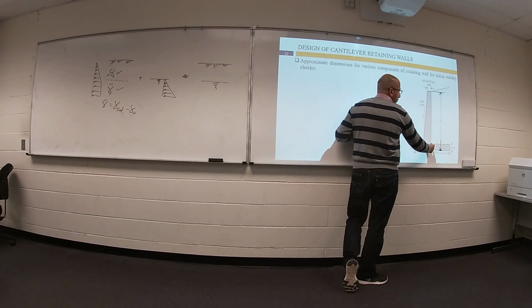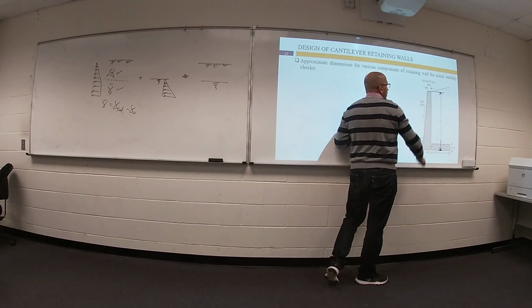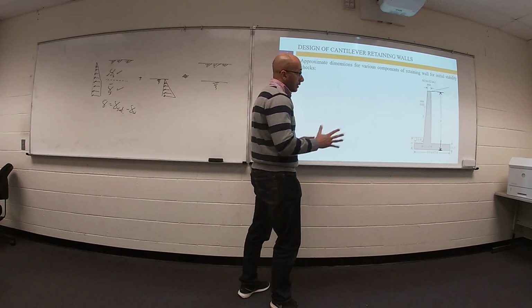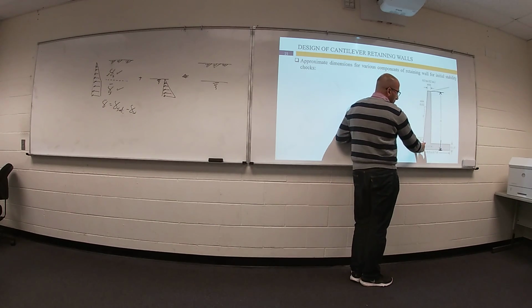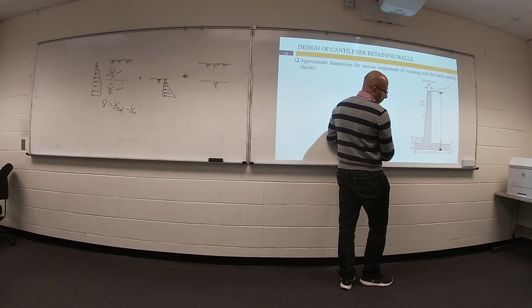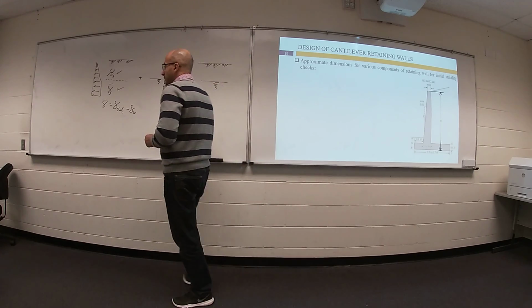I can assume this one at the base 0.1 h, and the minimum thickness at the top something around 12 inch or 0.3 meter. This is the minimum. This part of the footing can be assumed 0.1 h, so I can figure out your dimensions, like this example.